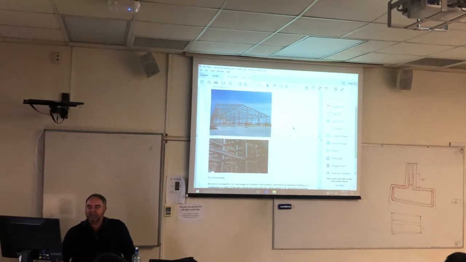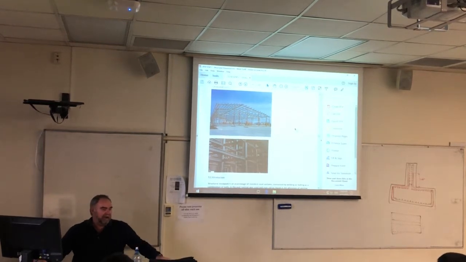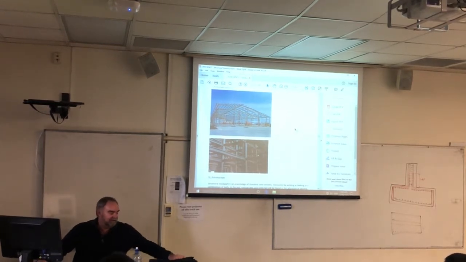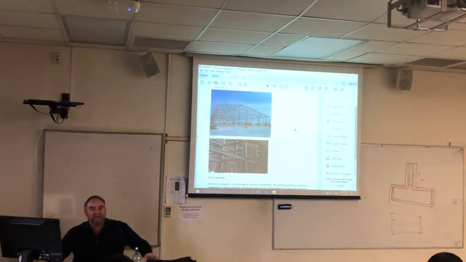So yes, the steel sort of fits together like a big Meccano set on site, and as long as you've got the right cranes and bits and pieces, it's not a problem. Incidentally, in Auckland at the moment, there's never been anywhere near as many cranes as there are around the place. I saw an article in the Herald the other day that said there was 140 cranes hanging around Auckland, which was a hell of a lot.